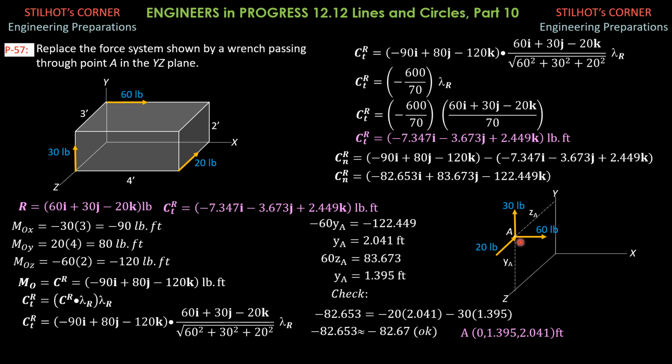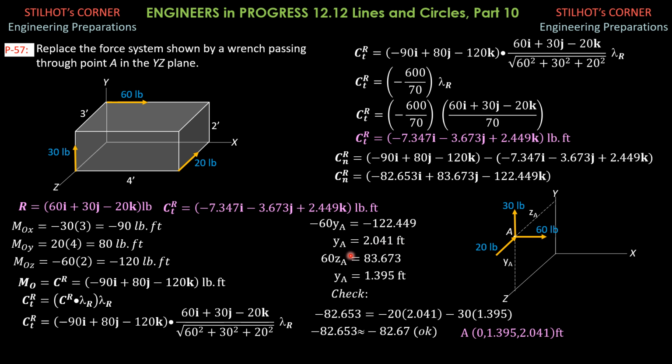So negative 60 times y sub a is equated to the normal component of the couple about the z-axis, which is negative 122.449. Solving for y sub a gives 2.041 feet.